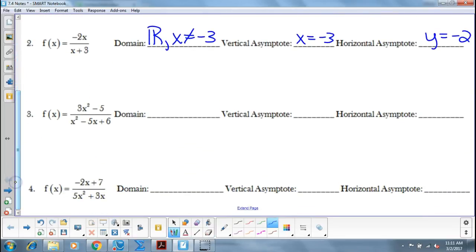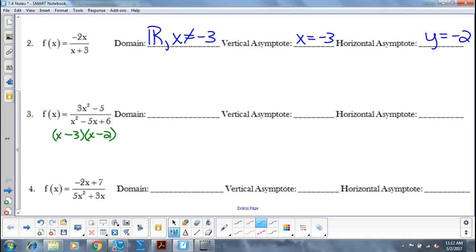Third one, domain. Might have to do a little factoring first, right? Two numbers that multiply together to be +6 and add to be -5. -3 and -2, right?